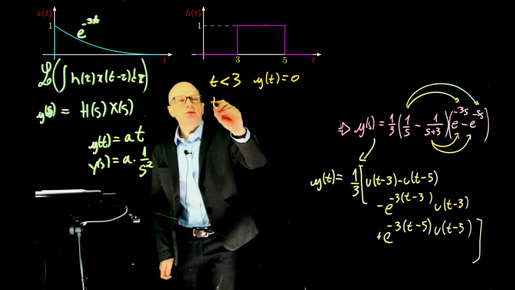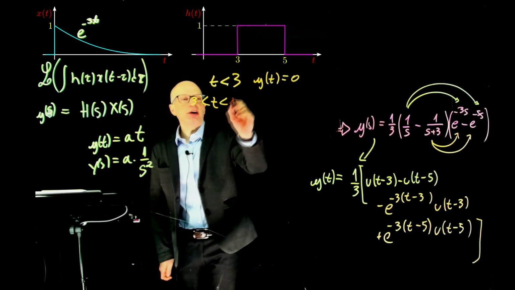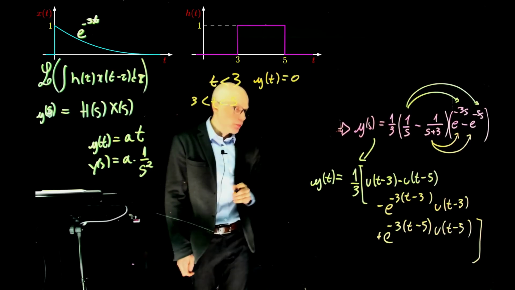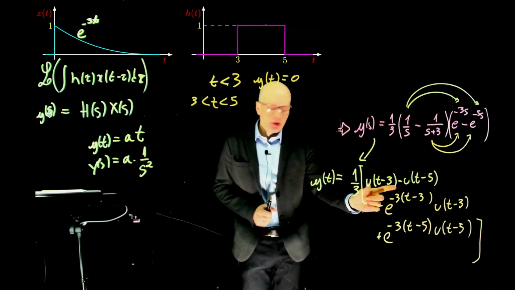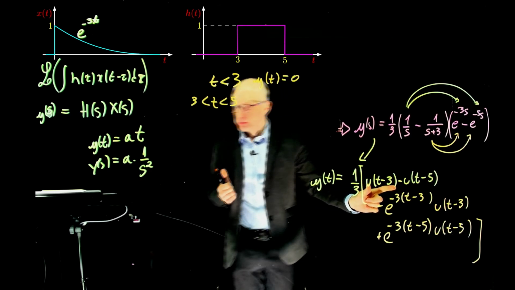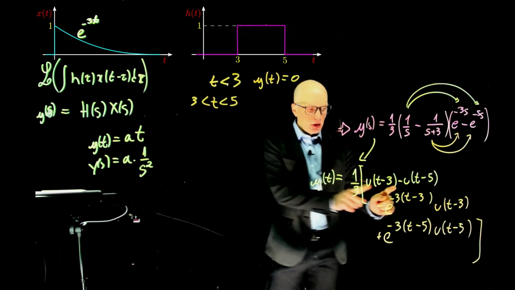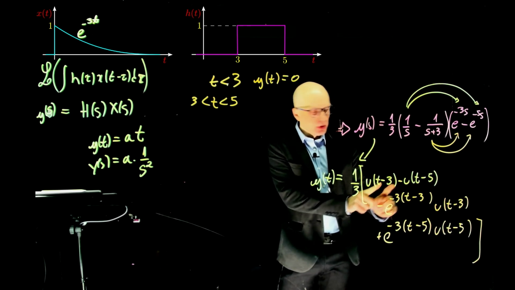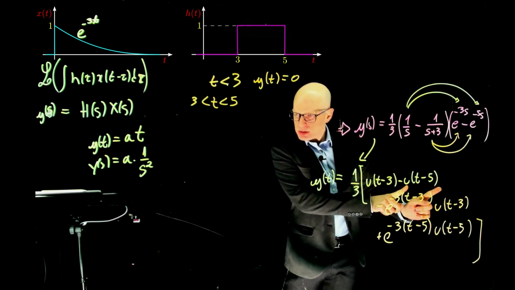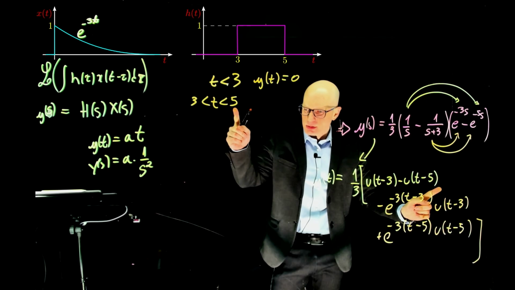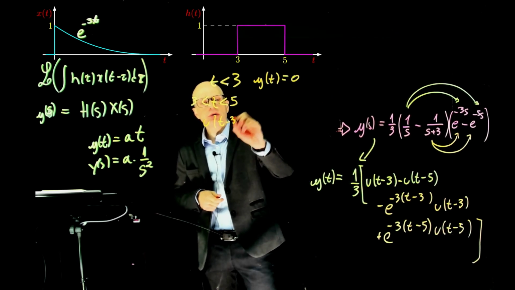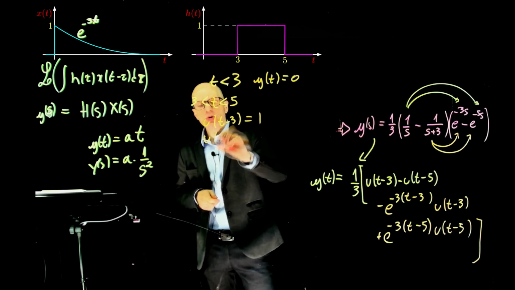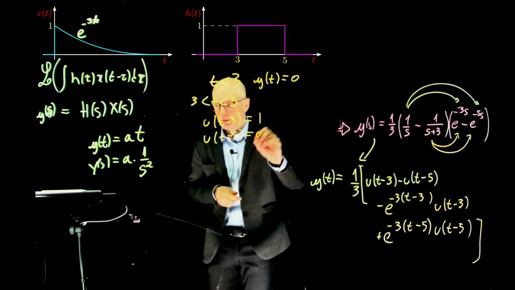What happens if t is between 3 and 5? Well, for t between 3 and 5, this step function is now 1, right? Because we passed 3 seconds. But this step function is 0 because we are below 5 seconds. So u of t minus 3 is 1, and u of t minus 5 is 0.